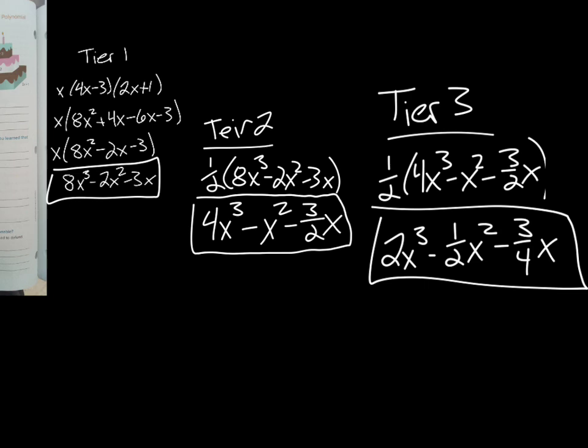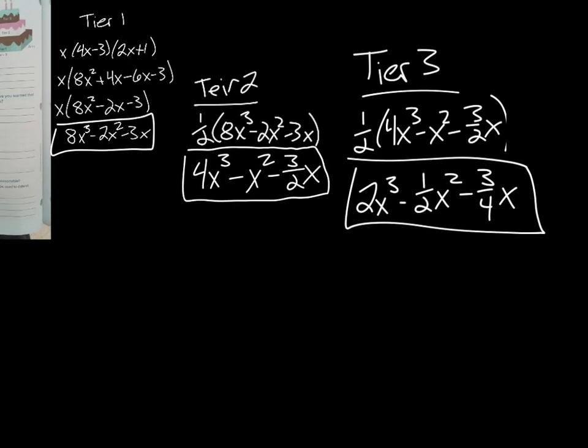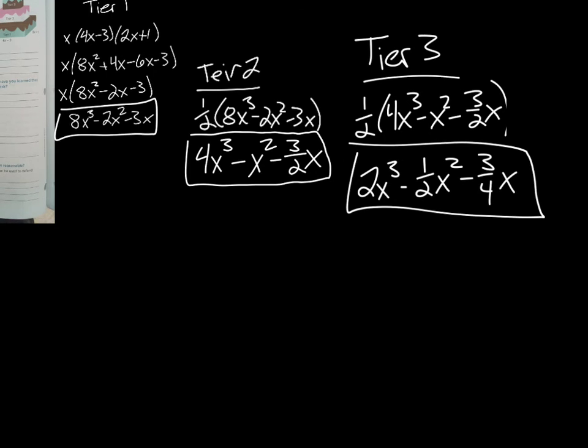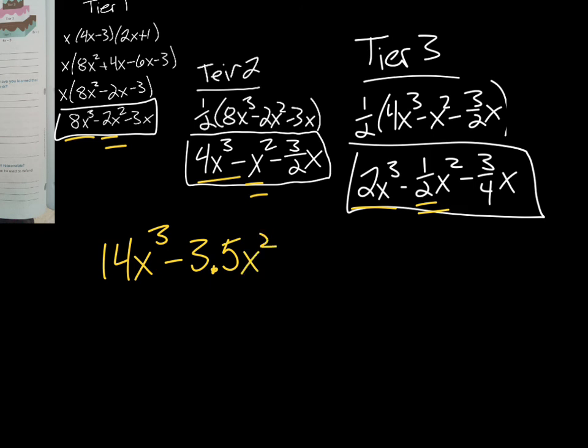Okay, they don't want each individual, they want the volume of the entire cake. So that means we're going to add all like terms. So 14x cubed. Now let's do the x squareds. So minus 3.5 x squared.